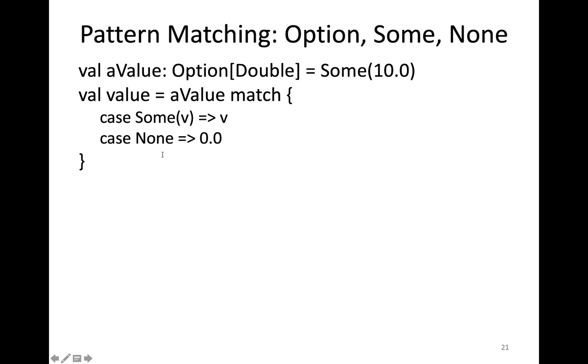That is the challenge here, and we can use match. So we are matching whether this a value is of this type, and if this is the case, we can return v, the inner part, and if this is None, then we can return something else, as an example 0.0.